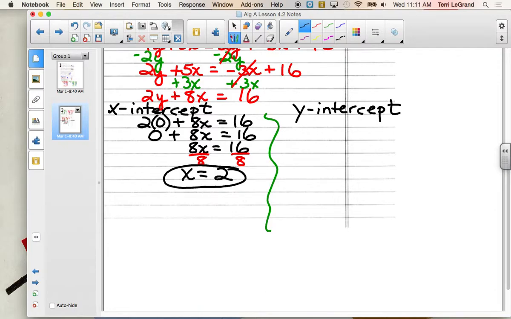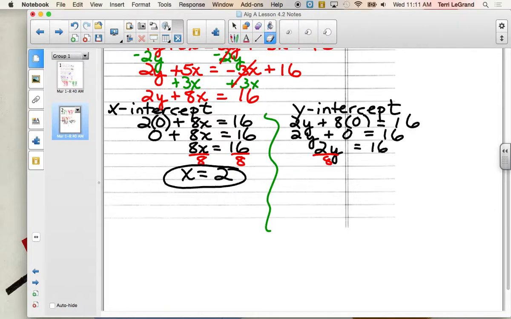The y-intercept for this equation. We know what the y-intercept is. 8. You should have gotten 8.